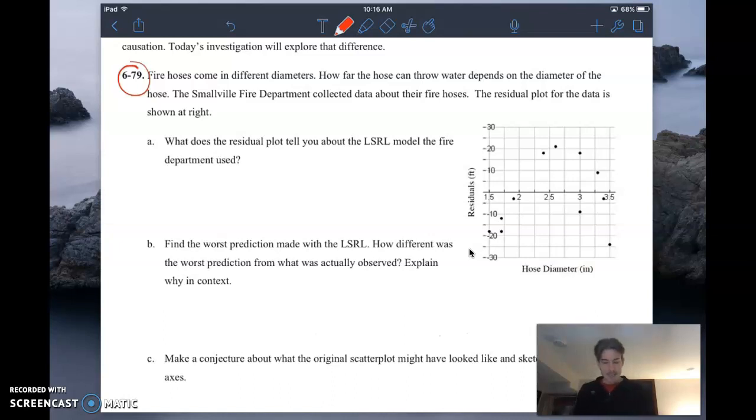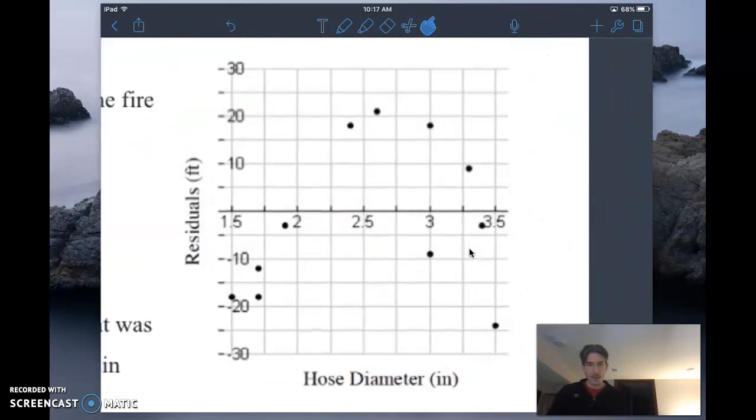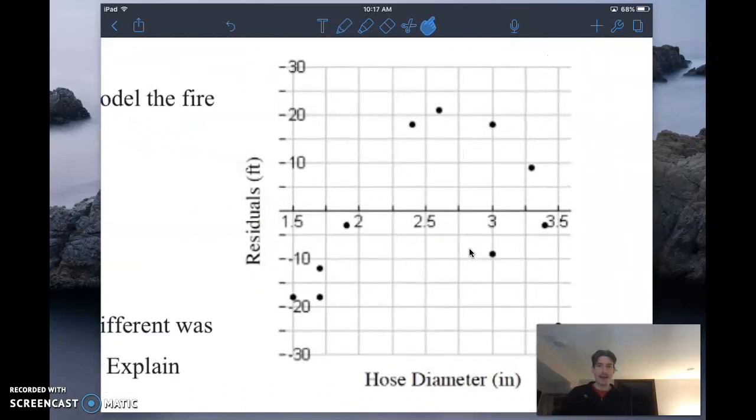Part A asks a bit of a review idea from a previous lesson, so let's go there first. What does the residual plot tell you about the LSRL, the least squares regression line model, the fire department used? Here's what I'm looking at. I'm looking in my residual plot to make sure that there is no obvious pattern.